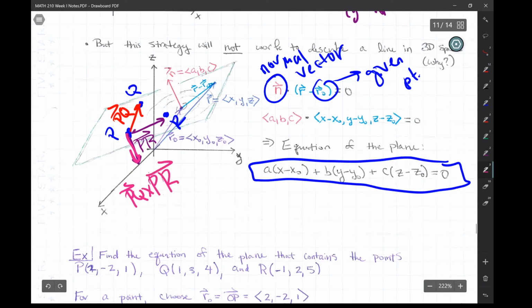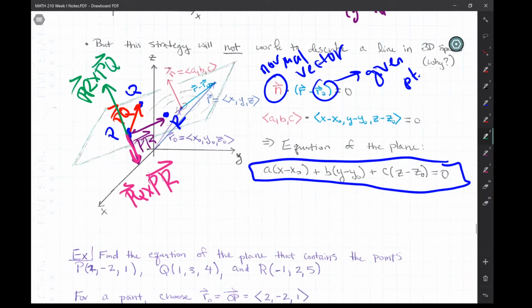Or we could have also chosen PR cross PQ. If we would have chosen PR cross PQ, we would instead get this guy here. But either one, the pink or the green, they're both orthogonal or normal to the plane, and both of them would work.